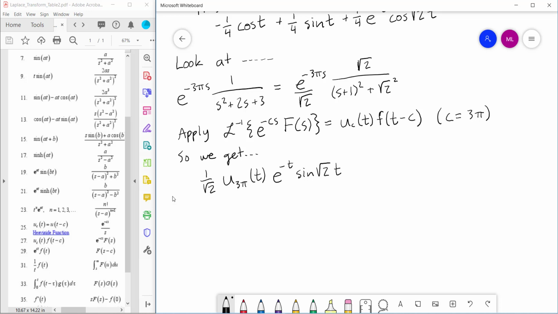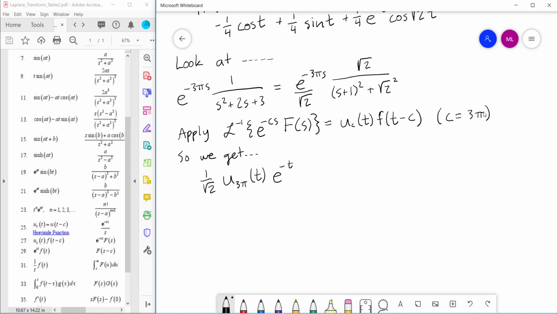But now all I need to remember is this is f of t. We don't want f of t, we want f of t minus c. So everywhere t shows up in here, I need to replace it with a t minus 3 pi. So let's go back and replace all the t's that just showed up with a t minus 3 pi.